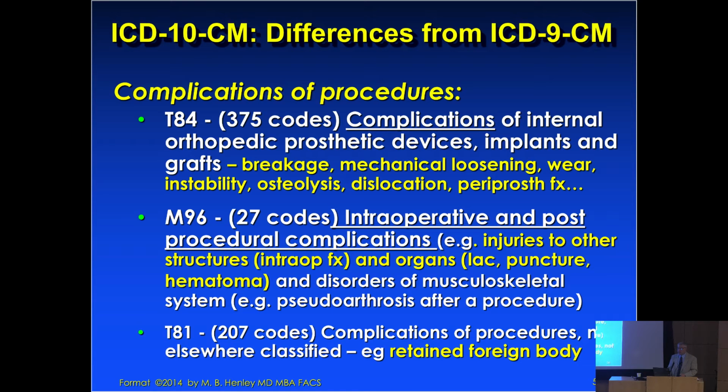There are 27 codes for intraoperative and post-procedural complications, which means injury to another structure, such as an intraoperative fracture, for example, while inserting a femoral component, or injury to another organ, such as a laceration to a nerve, a vessel, a named vessel, or a post-operative hematoma.